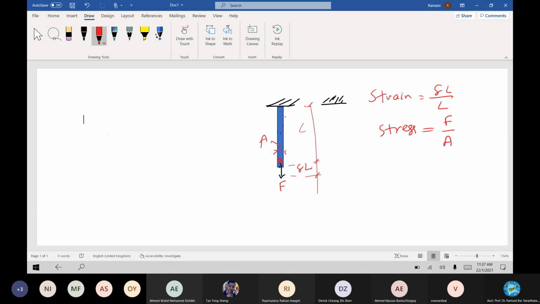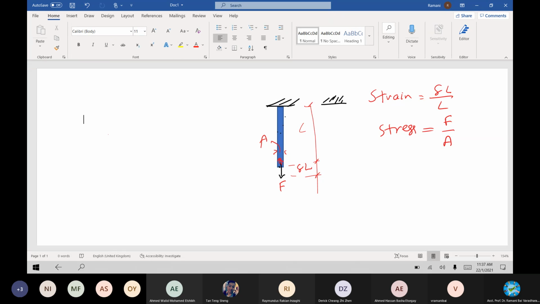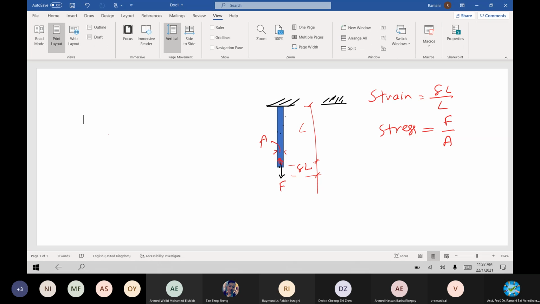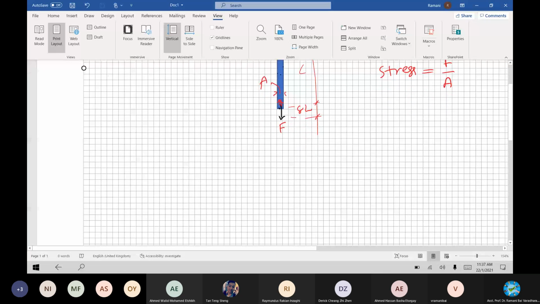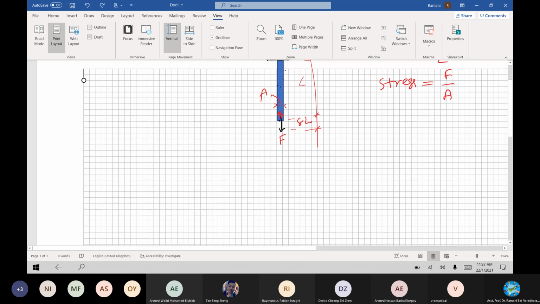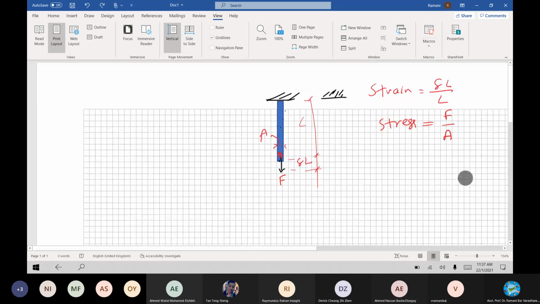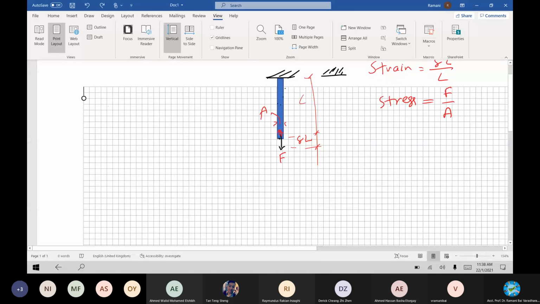Let's draw it graphically so that it is easy for us. Maybe I open the grid view, grid lines, easy for us to understand. Okay, I start from here. Assume that this test is going on. Let's plot this observation of the application of force and the corresponding deformation in a graphical manner.